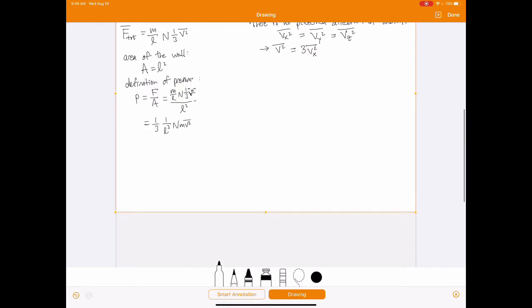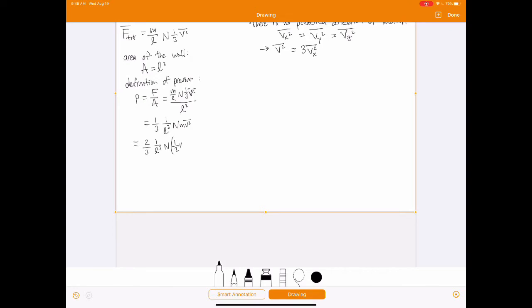So I'm going to write this in a slightly different way, and hopefully when I write it this way, you can see what I'm getting at. If I pull out a factor of 2 to the front, so we have 2/3 here, and then 1 over L cubed over here, and then N over there, I have to put a factor of a half to compensate for the factor of 2 that I added.